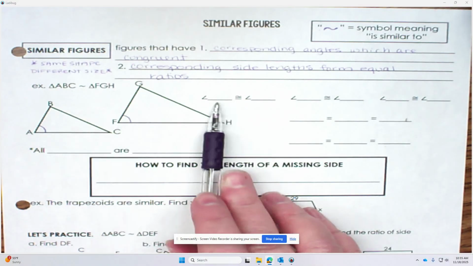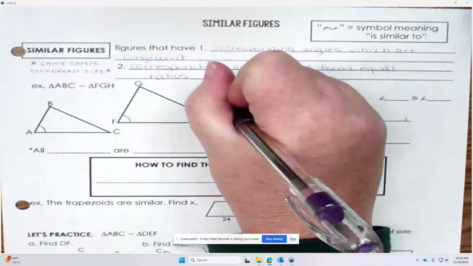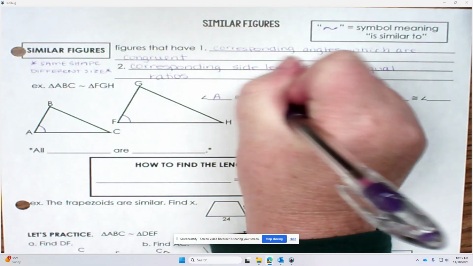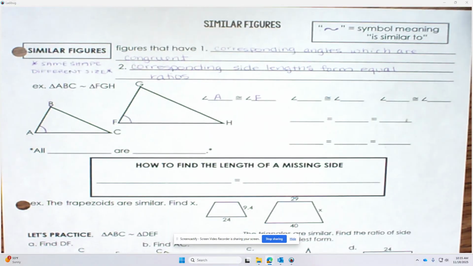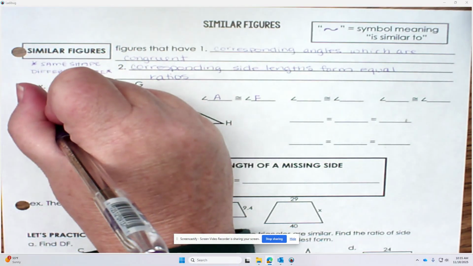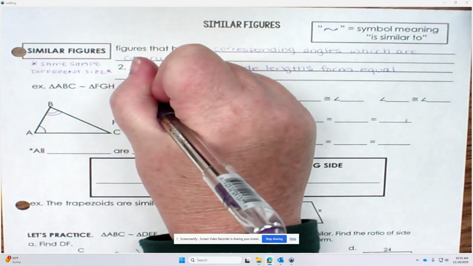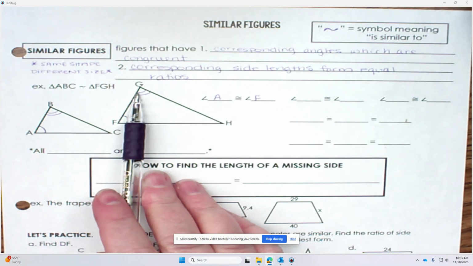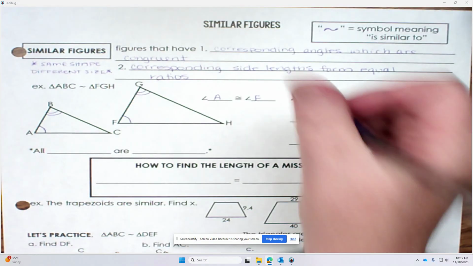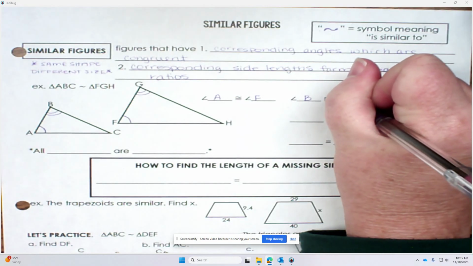To make a congruent statement there, I would write angle A is congruent to angle F. Then I'm going to give you some more information. I'm going to draw two arcs here for B, and two arcs here for G. We know if they have the same number of arcs, they're also congruent. So I'm going to say that angle B is congruent to angle G.